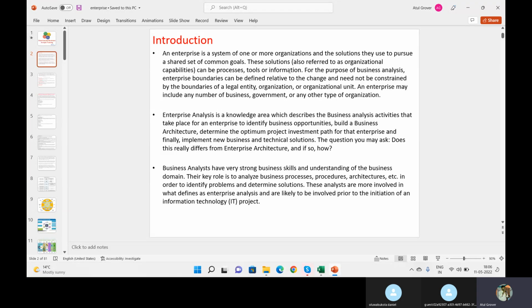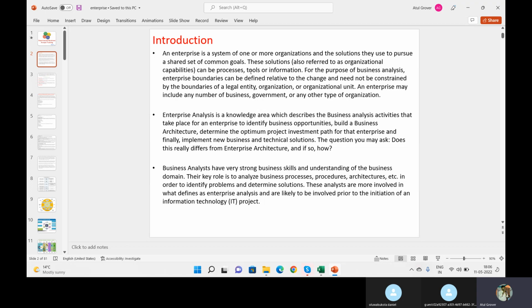Like if you go to the visa office and say, hey, my mobile is not working, they will not fix it. Why? Because that is not their process. They cannot provide you the information. And in the same way, if you go to the mobile shop and say I need a visa, he cannot give you the visa because that is not in the common goal; he doesn't have that information, any process, or any tool for it.